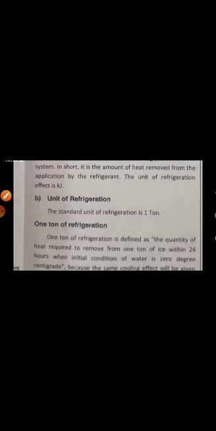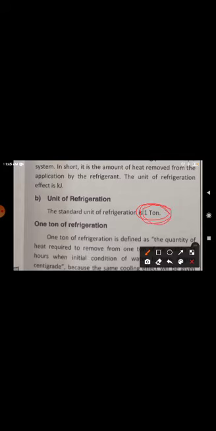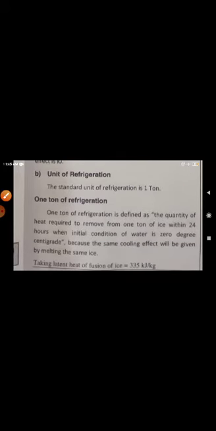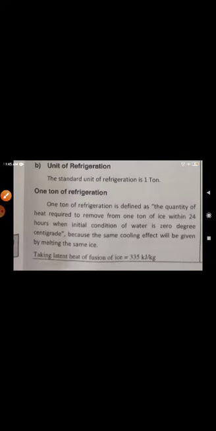Okay, generally when we purchase an AC, all these cooling systems are measured with this unit, ton. Okay, the standard unit of refrigeration is 1 ton. Now, what is 1 ton?